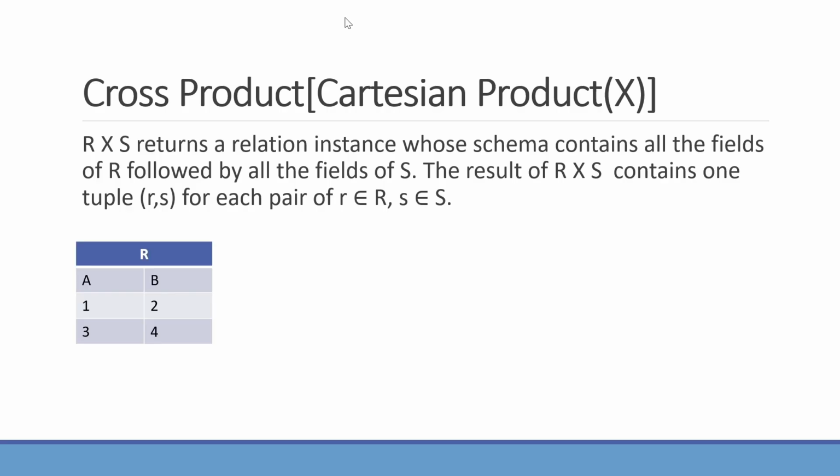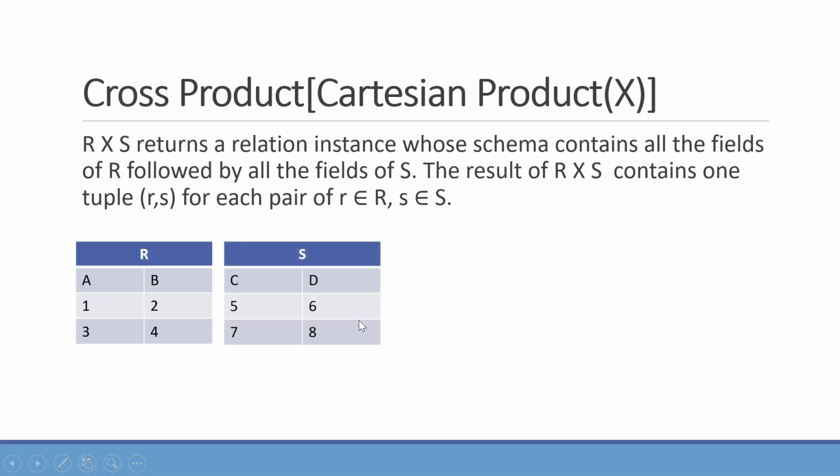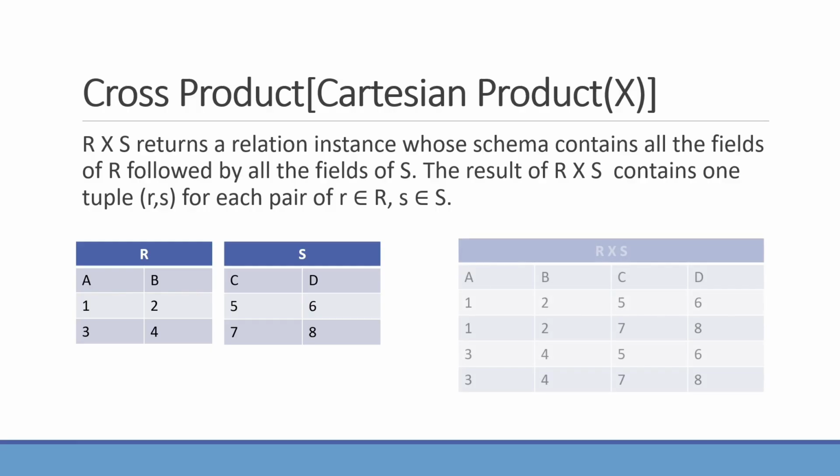Let's consider a table R with A and B as columns and values 1, 2, 3, 4, and another table S with C and D as columns with values 5, 6, 7, 8. Let's do the Cartesian product of R and S, R cross S. The columns are joined.